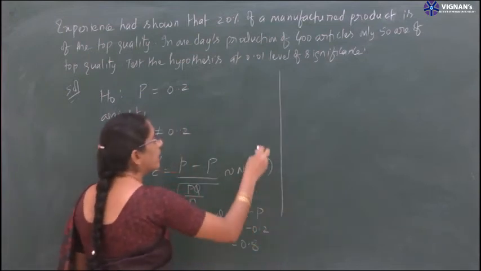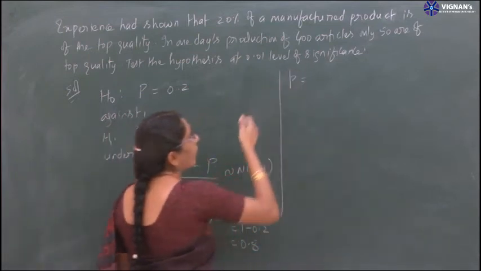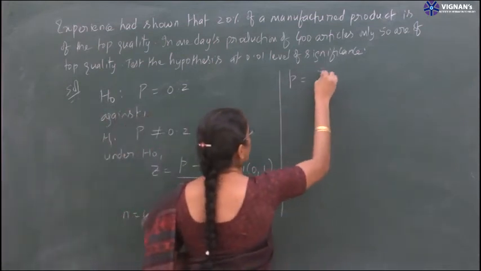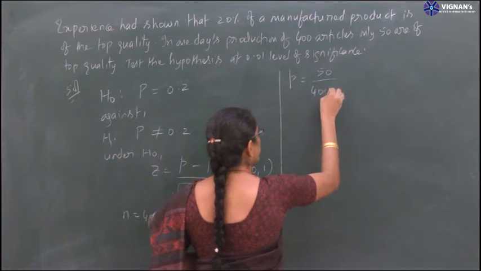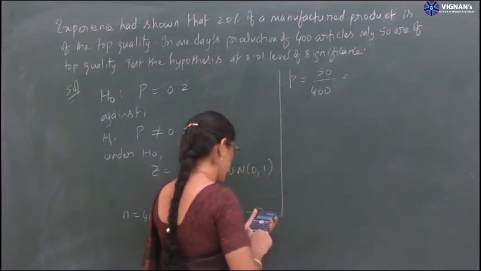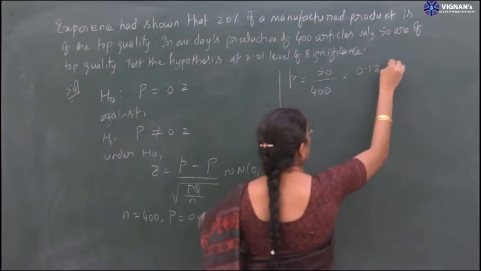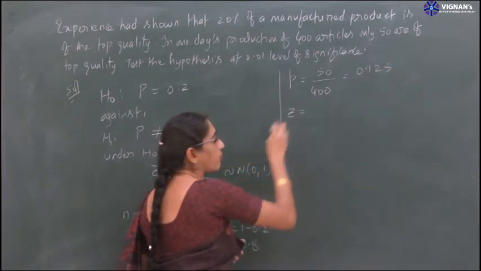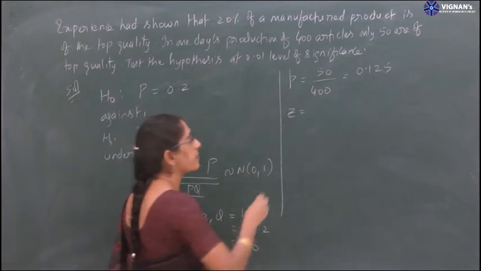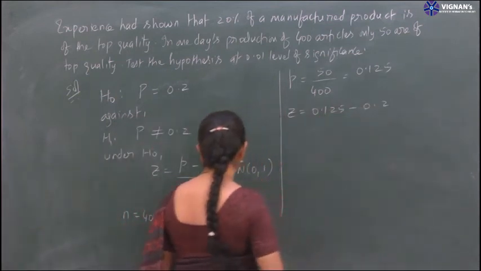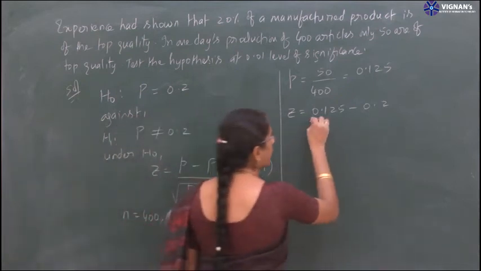And small p is, out of 400, 50 are of top quality, means 50 by 400, so it is 0.125.